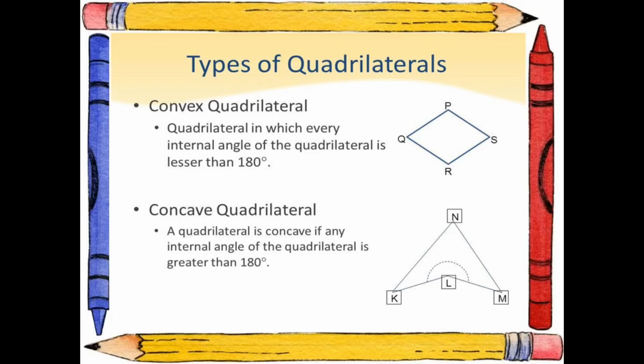Next is concave quadrilateral, and a quadrilateral is said to be concave if any internal angle of the quadrilateral is greater than 180 degrees. Here KLMN is an example of a concave quadrilateral. Hopefully it is clear to you.